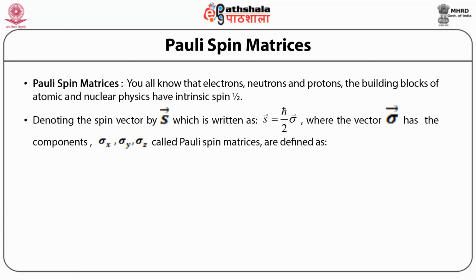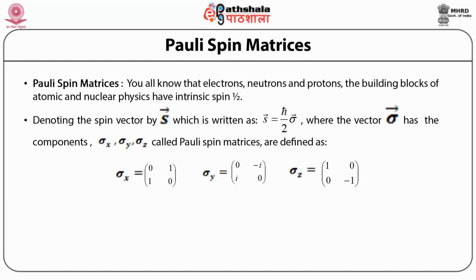Denoting the spin vector by S, which is written as S equals h cut by 2 times vector sigma, where the vector sigma has the components sigma x, sigma y, sigma z, which are called the Pauli spin matrices and are defined as sigma x equals a 2 cross 2 matrix with first row being 0, 1 and second row being 1 and 0.